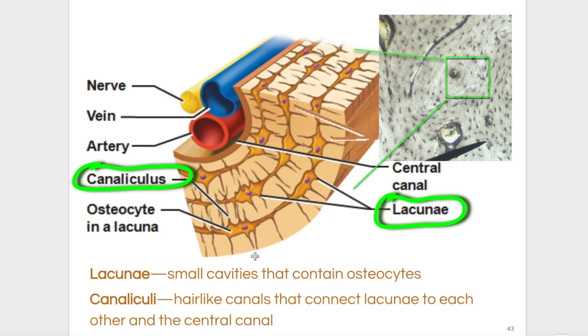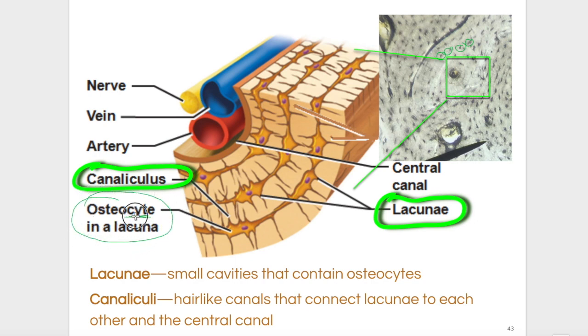And looking much, much closer, all of these little black dots here, these are the everyday cells of our osteon or our bone tissue, and they're basically going to maintain the metabolism and everyday needs of the bone. Those cells are known as osteocytes.